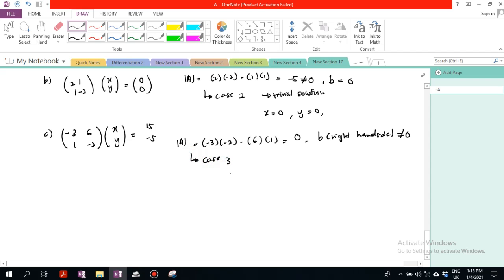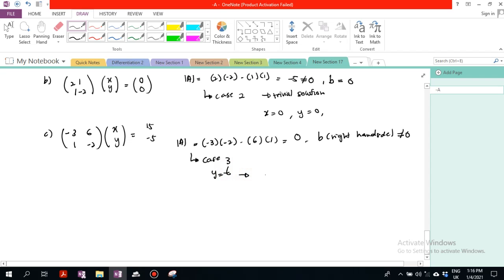So there is a solution, but it is not easy, so we need to do some arrangement. We can change y equal to some number, for example t.